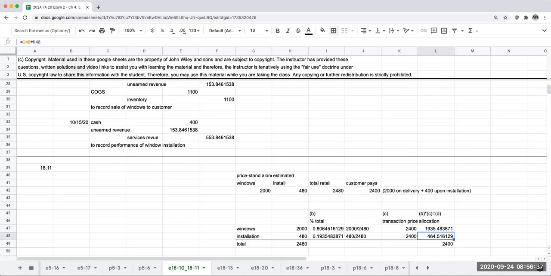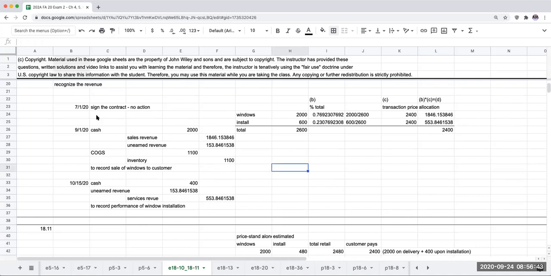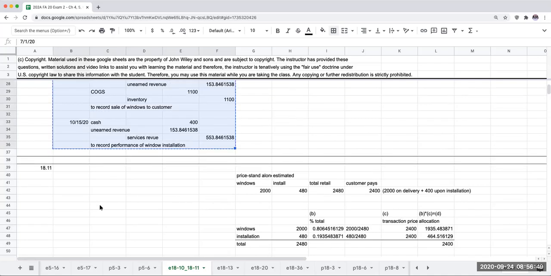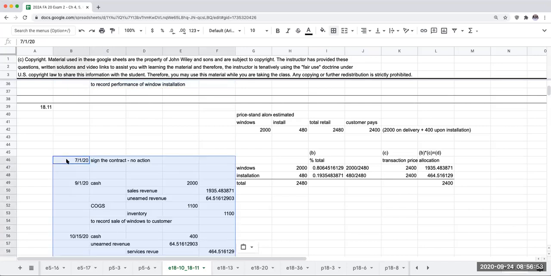Basically my installation price slightly changed, so this is going to be impacting what I'm going through and doing over here. So in terms of journal entries for this particular question, the only thing that's really changing is going to be this part. So the inventory still has a cost of 1,100.